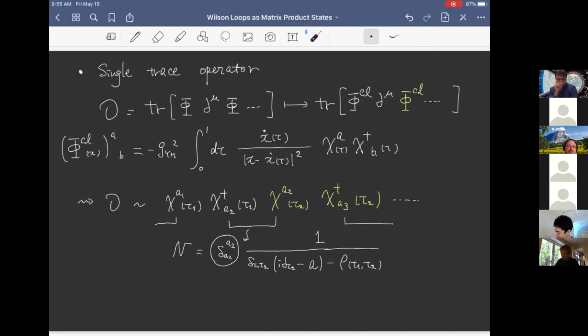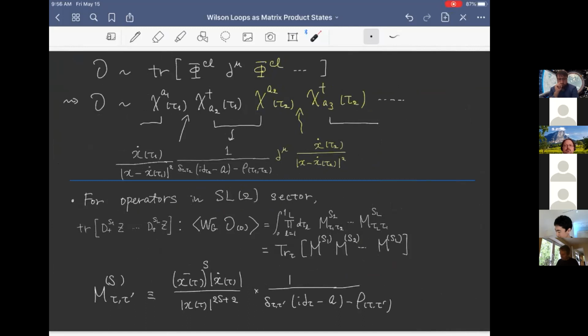The reason is, if you look at the propagator of the fermion, there is a delta function of the color indices. If you contract the neighboring fermions, because of the matrix structure, these indices are the same, so you always get delta aa, which produces a power of N. Whereas if you connect it in a different way like this, you don't get that factor. So the leading large N answer is just given by this nearest neighbor contraction. Of course, whenever I do the contraction, I need to put in this propagator factor.